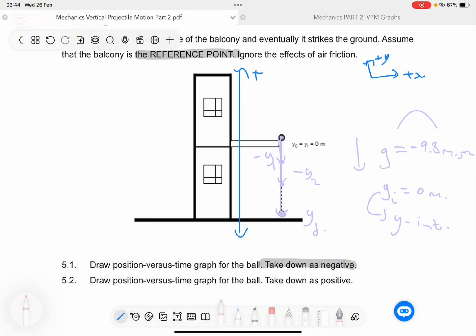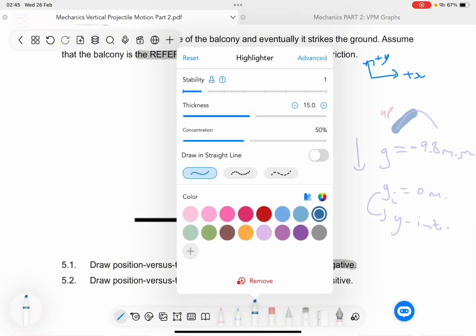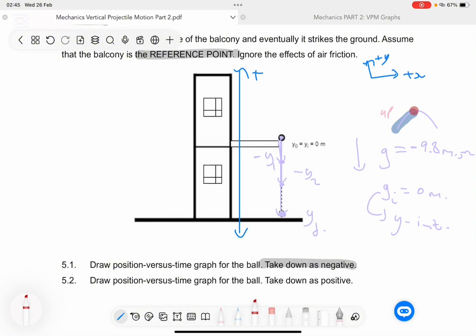But you must remember that, let me get a highlighter to explain this one. Moving from here to here is actually going upwards, and moving from the maximum height and coming here is actually going downwards. Now if our projectile is going downwards, that means when we restrict our graph, when we cut our graph here in half, we are going to take this part of the graph and throw away this part.